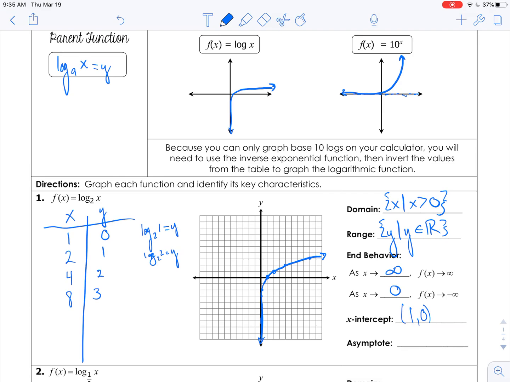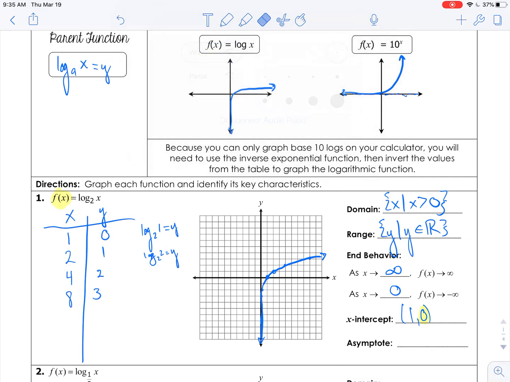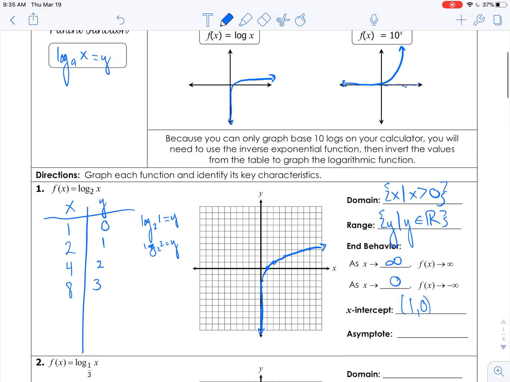Another way we can find this pretty easily is we can plug in 0 for the whole function, plug in 0 for y, and then solve. It's another way of doing it.